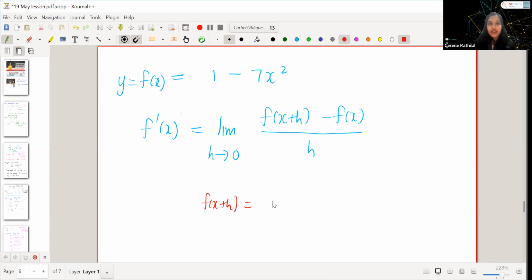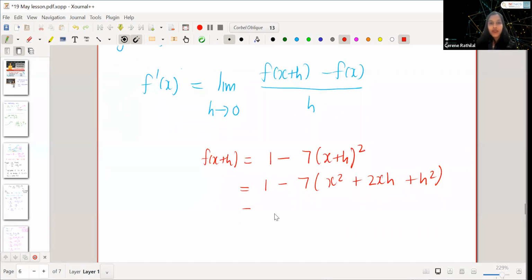All right, so that is going to be 1 minus 7, and in place of x, I'm going to replace it by x plus h squared. Wonderful. So then simplifying, I see this is nothing but 7 into x squared plus 2xh plus h squared.